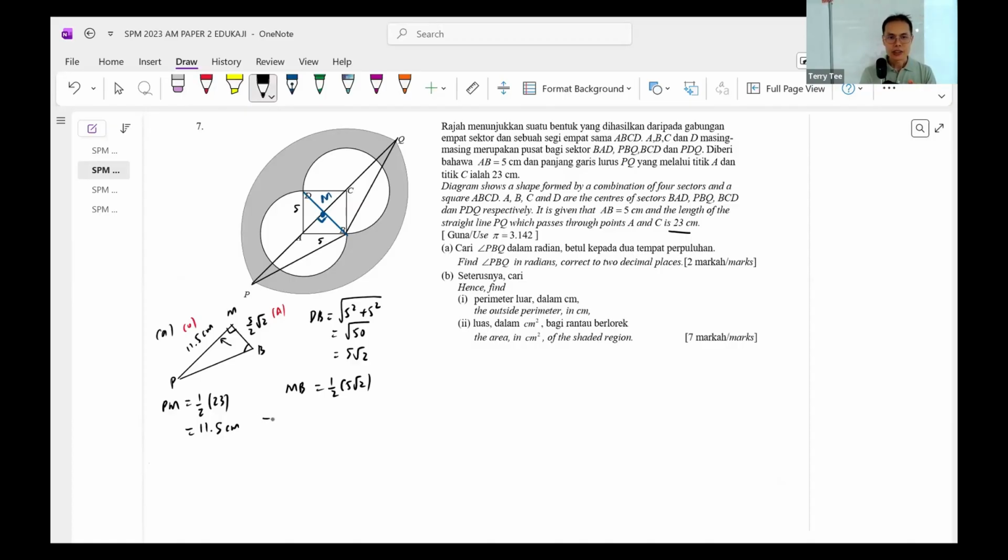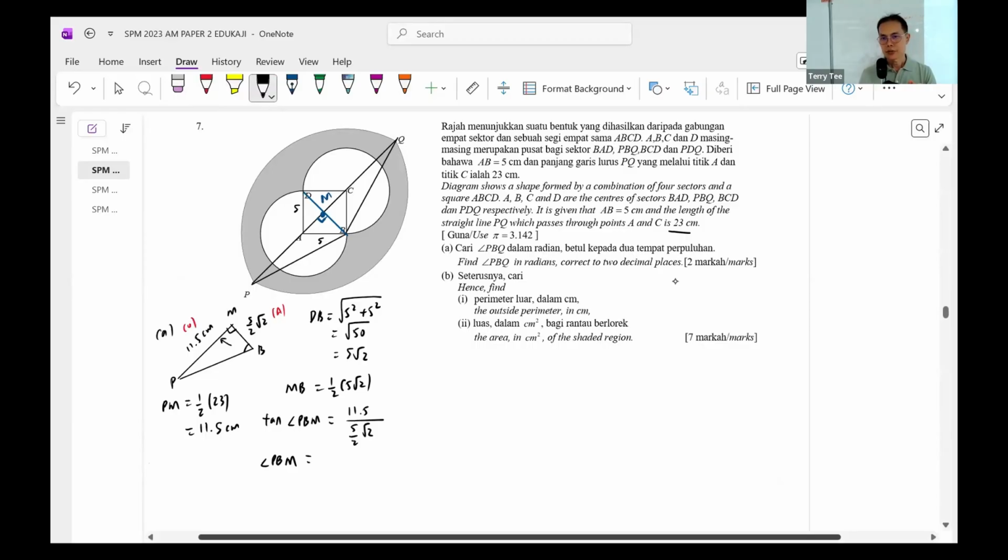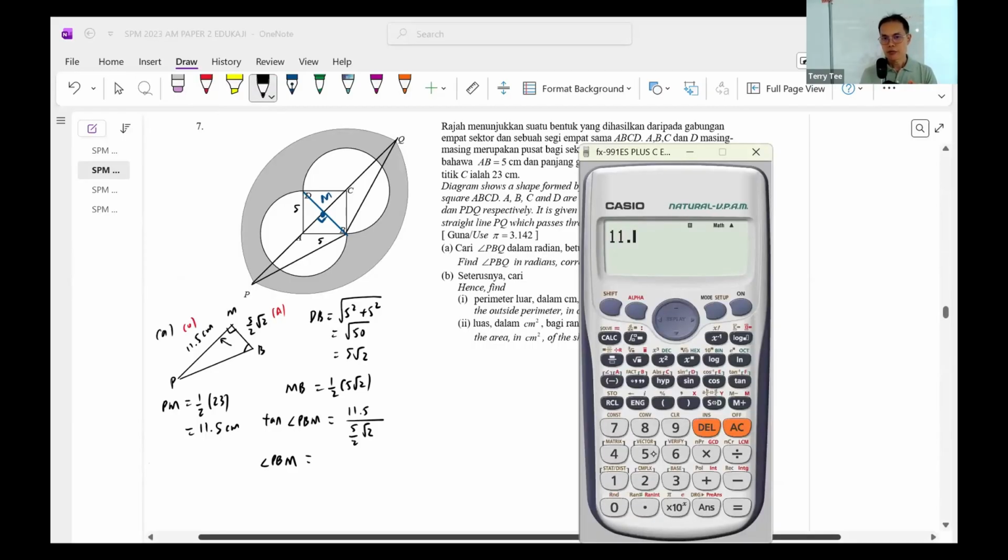So I use tangent. Tangent of angle PBM is 11.5 divided by 5 over 2 root 2. Find angle PBM. So here I use 11.5 divided by 5 over 2 root 2.